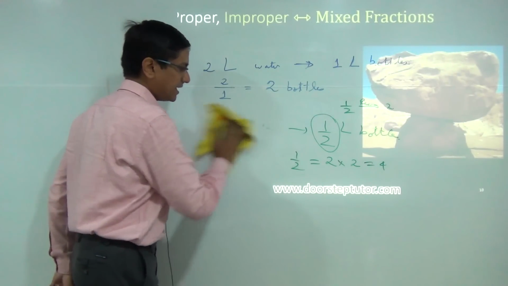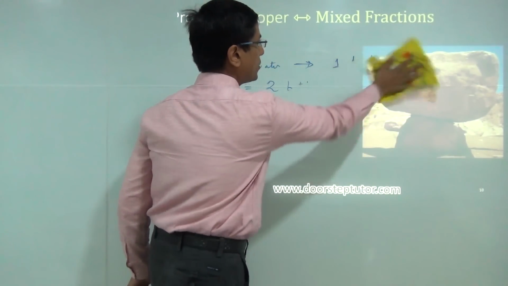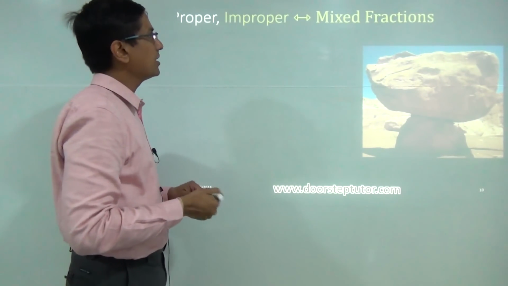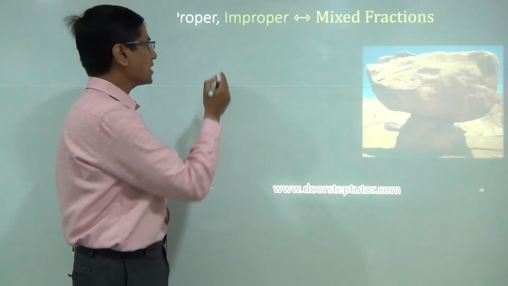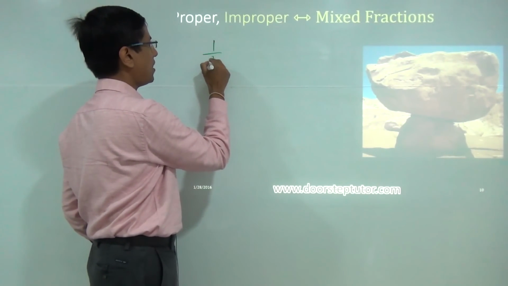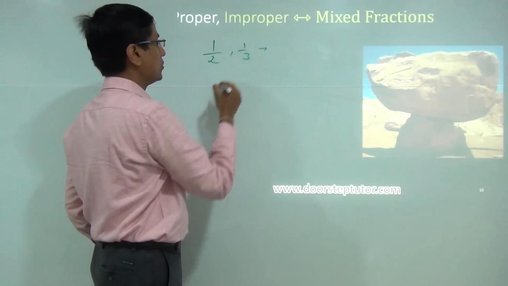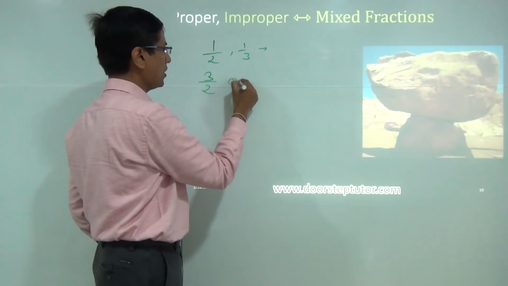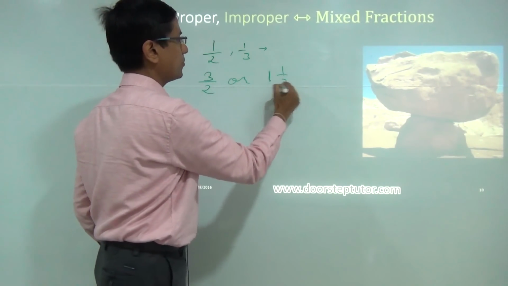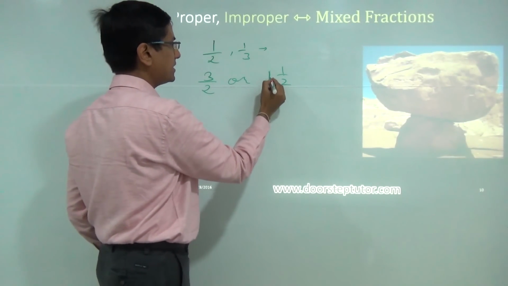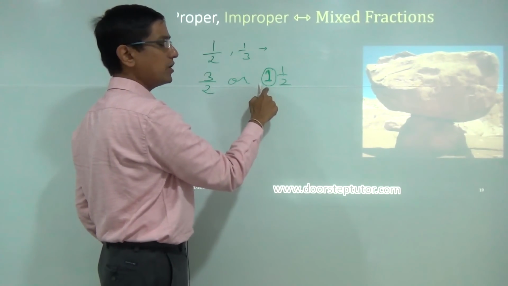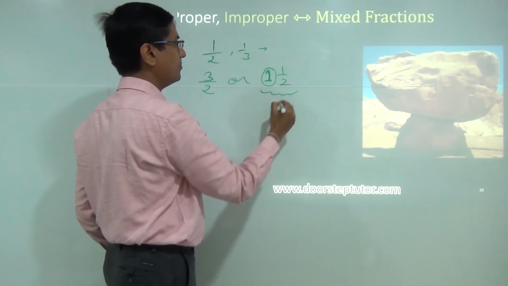Now this is again some terminology, but it is important because these kinds of questions are really asked in examinations. Sometimes in exams, instead of encountering fractions like half, 1/3, you'll encounter fractions like 1 1/2. These fractions which have a natural number part are known as mixed fractions.